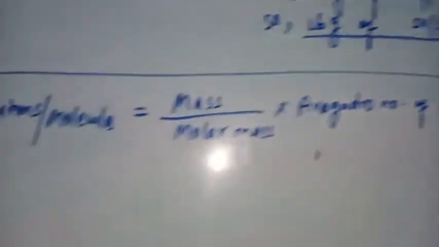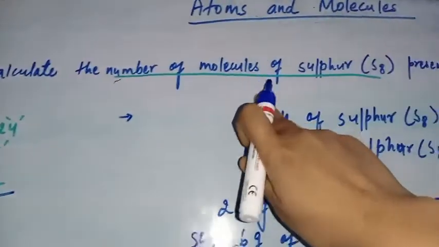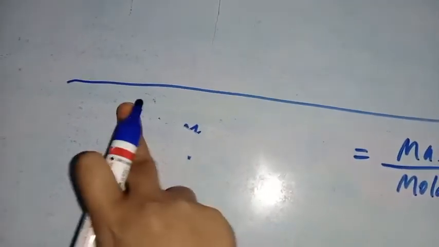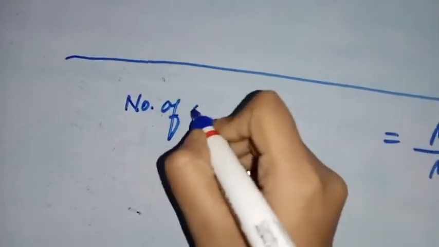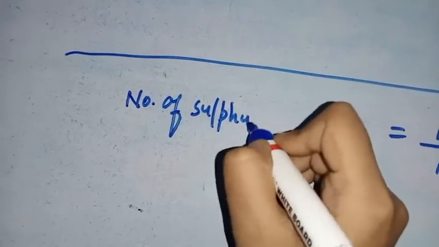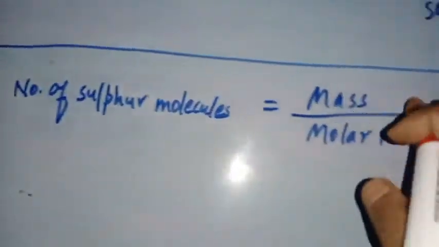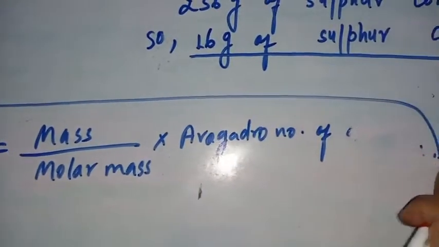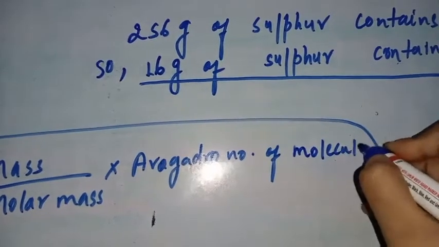You know that. Since we have to calculate the number of molecules here, we will write: number of sulfur molecules is equal to mass by molecular mass, into Avogadro number of sulfur molecules.